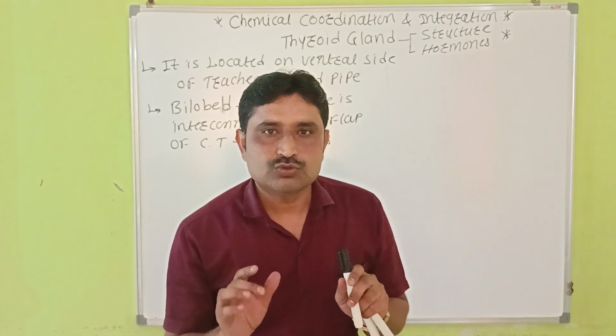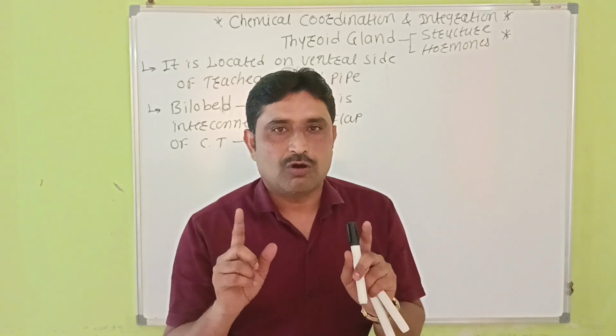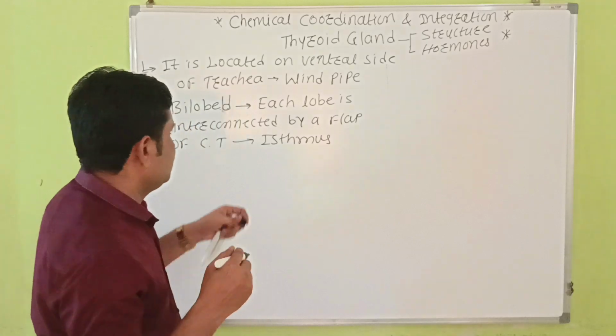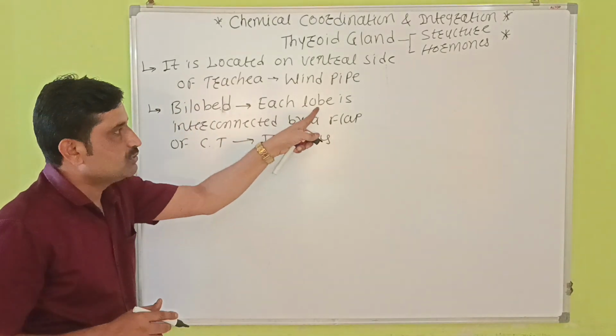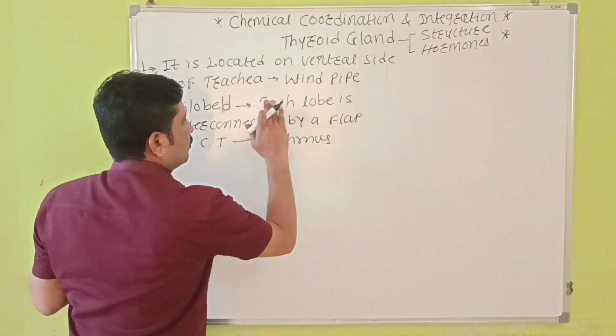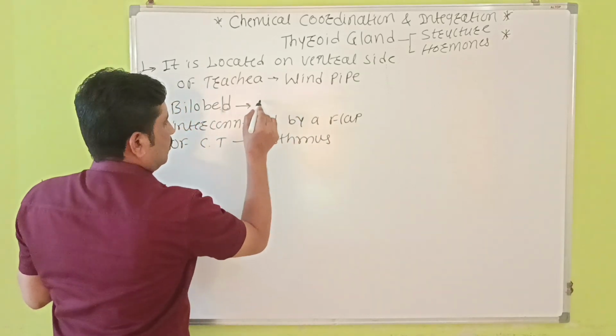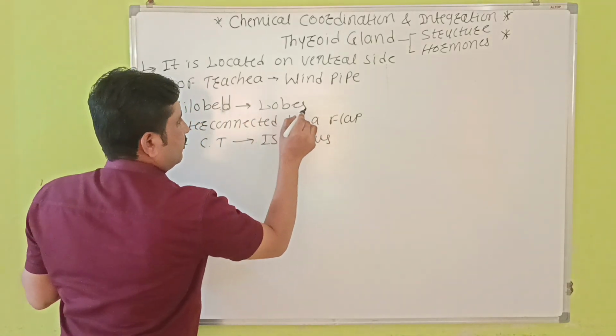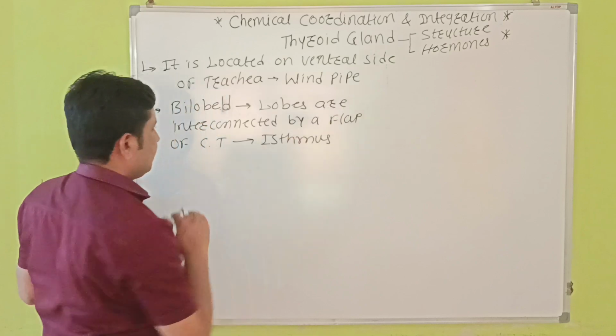So each lobe is on each side of the trachea. Each lobe लिखने से अच्छा होगा कि lobes, two lobes है and lobes are connected, right?